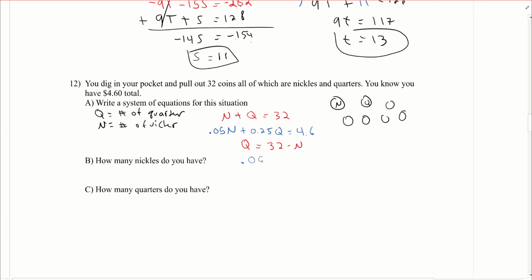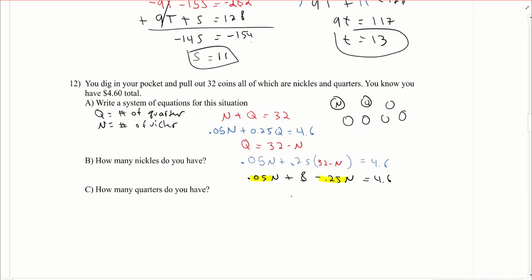So it's 0.05 n plus 0.25 times Q, which we figured out Q was 32 minus n. And then we're going to solve this, distribute: 0.05 n plus a quarter of 32 is 8 minus 0.25 n equals 4.6.